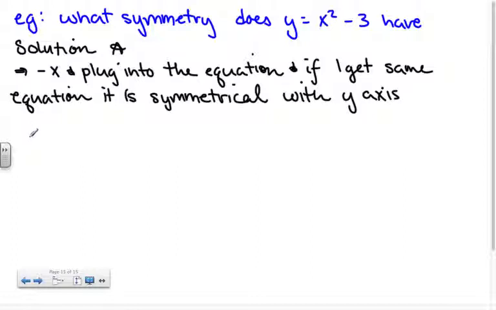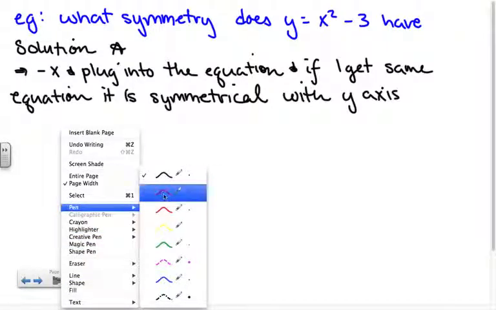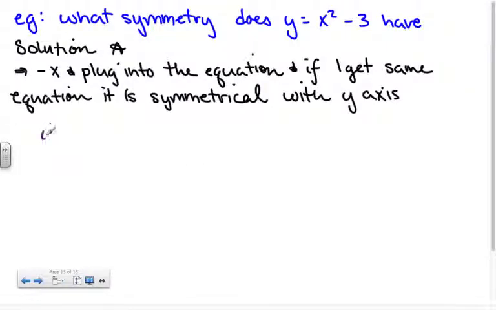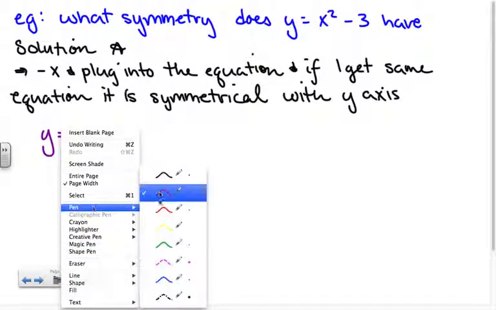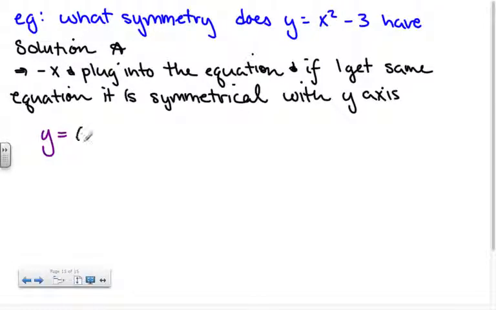Thusly, as such, I end up with y equals negative x squared minus 3. Negative anything squared inside the parentheses becomes positive.